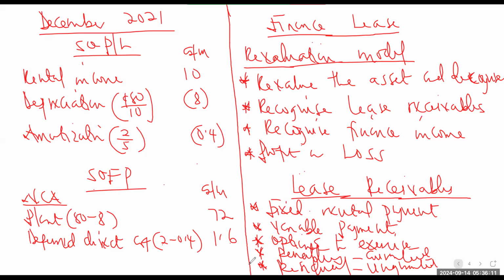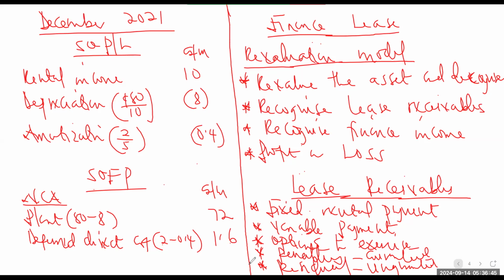So at the date of estimating the lease receivables, we don't include those variable payments that are based on performance conditions. So we only wait till that particular performance condition has been met, then we recognize them as income in our profit or loss account. So they can say that the company is going to be paying 2 million in addition to the rent when they are able to produce above a particular unit.